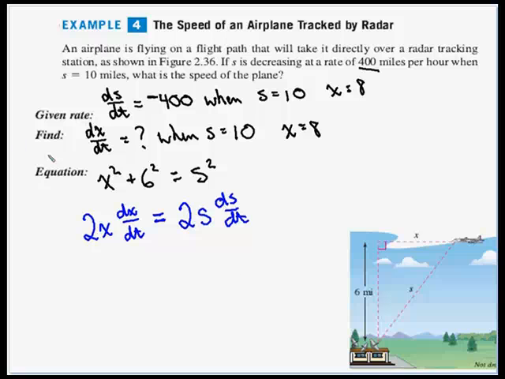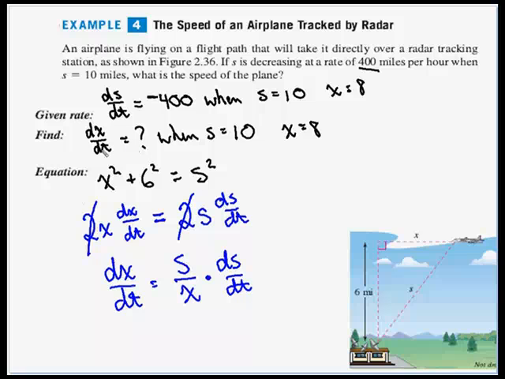Okay, and what are we trying to find? We're trying to find dx/dt, so let's divide both sides first by 2, so those 2's will cancel out, and then divide both sides by x. So dx/dt is equal to s divided by x times ds/dt. So we've derived our equation. Now we can plug in our known values.